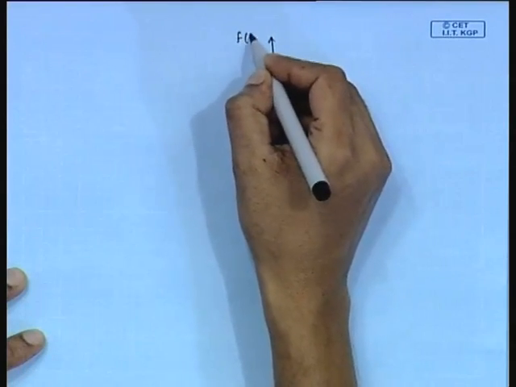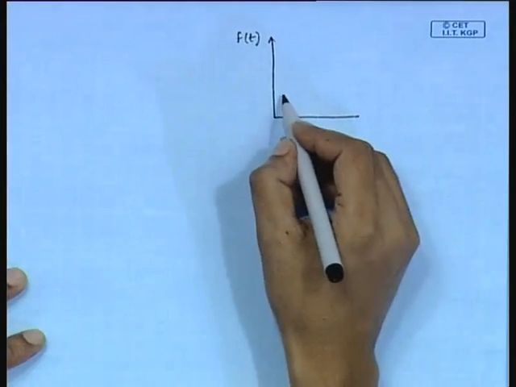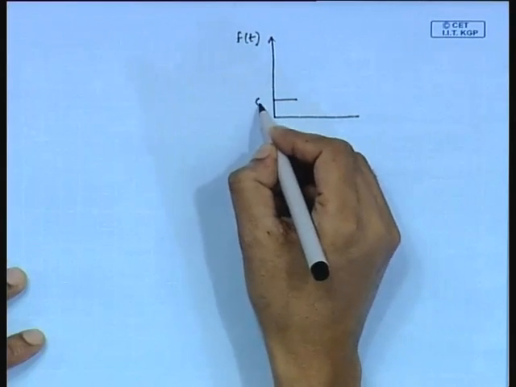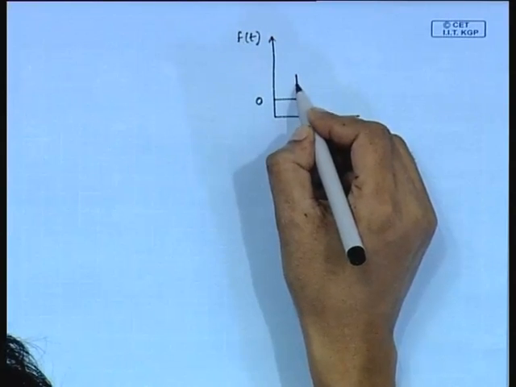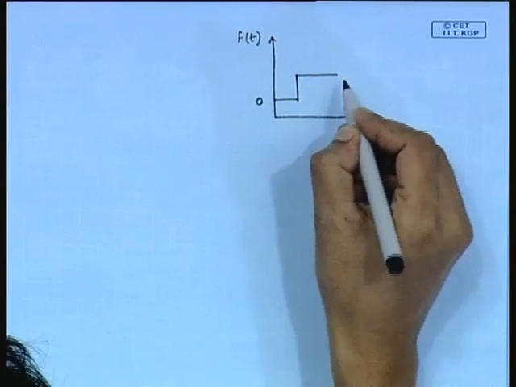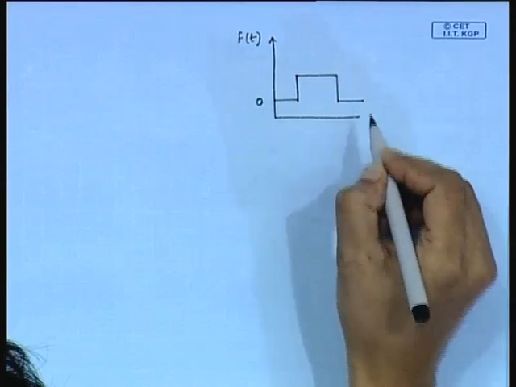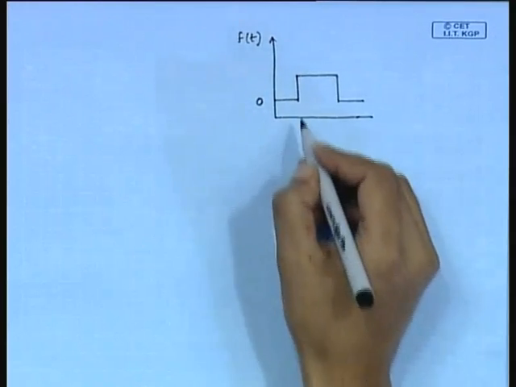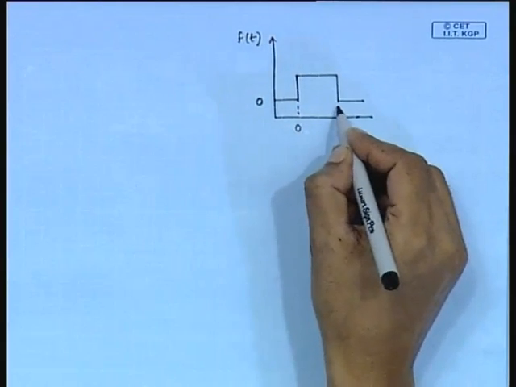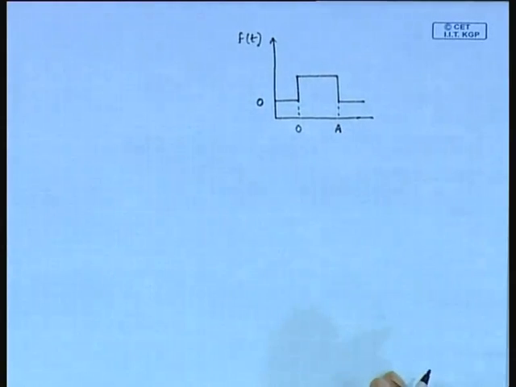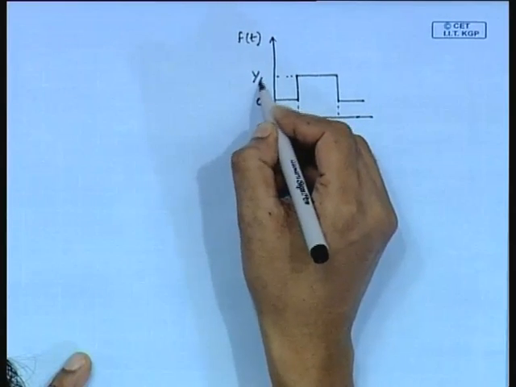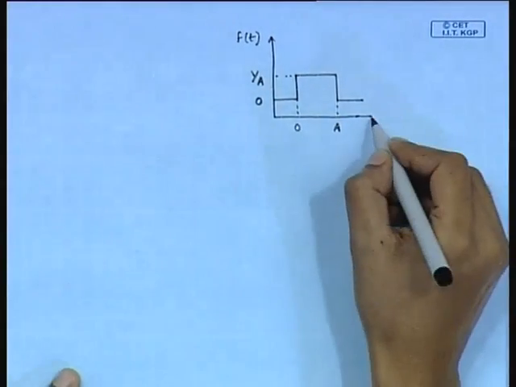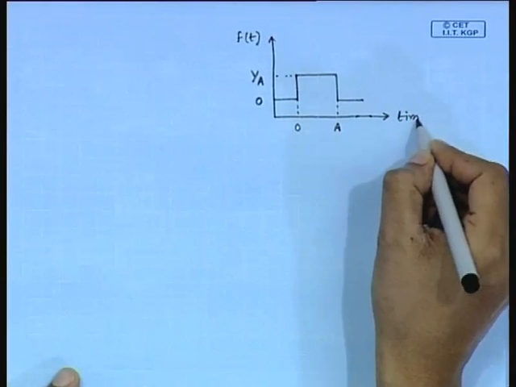This is f(t), 0 initially, then the time step is a, and the height here is 1 by a, against time t.